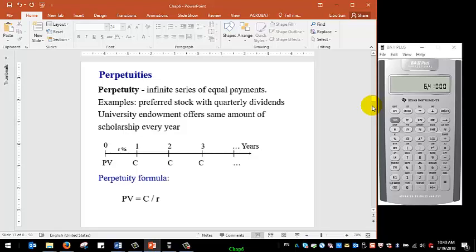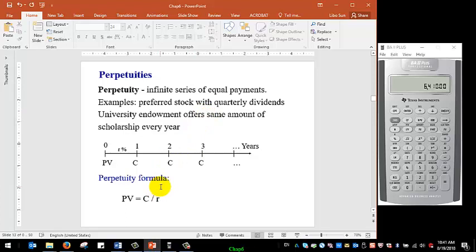So the first type of special cash flow is called perpetuity, where the same amount is paid or received every period, and this lasts forever. The common example is preferred stock or a university endowment. They set up a fund and use the annual interest payment to offer scholarships and so on and so forth.